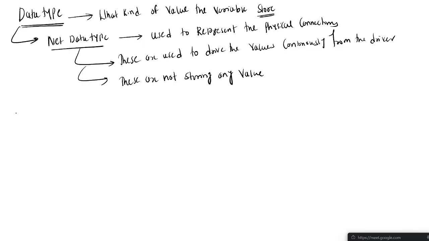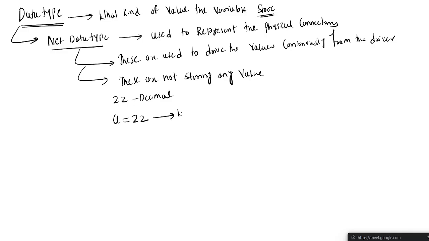Suppose 22 is a decimal. Suppose a equal to 22. What does that mean? This variable, I want to store in a memory location.